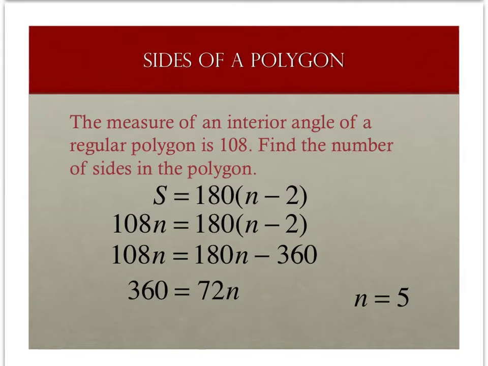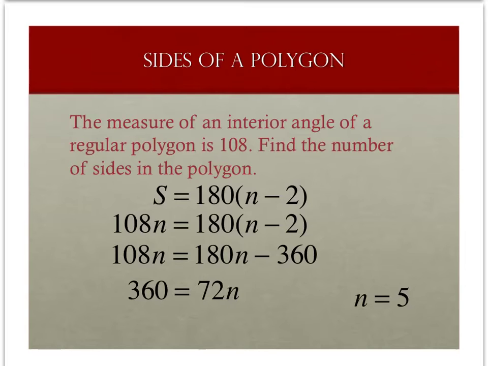All right, the sides of a polygon. The measure of the interior angle of a regular polygon is 108. From that, we can find the number of sides. We're basically doing the formula backwards. So we say 108n equals 180 times n minus 2.